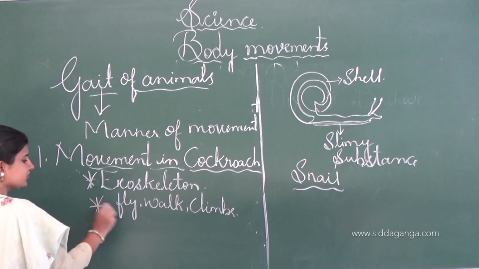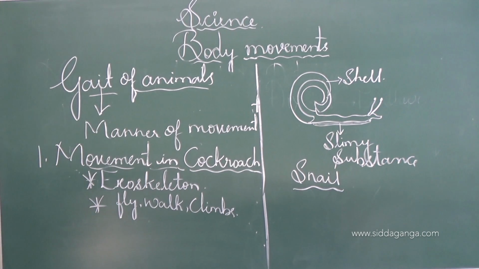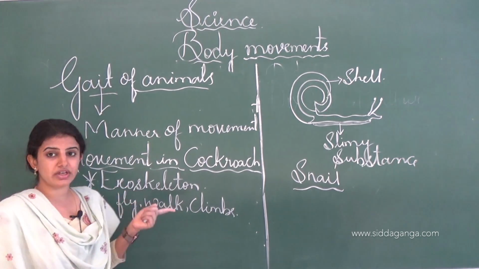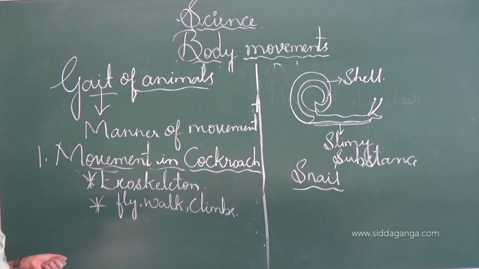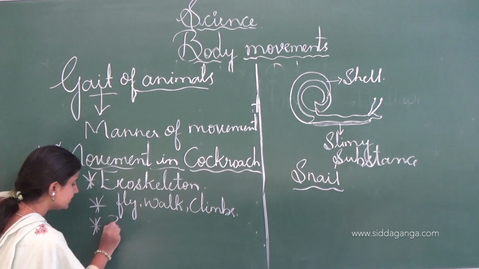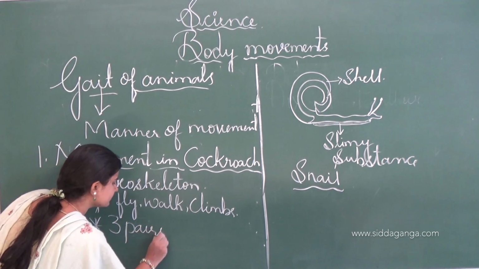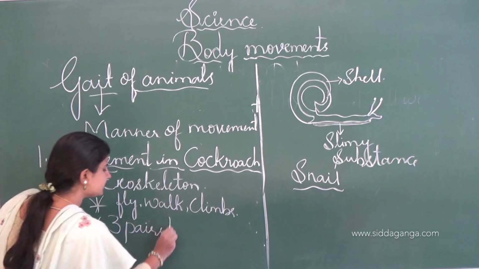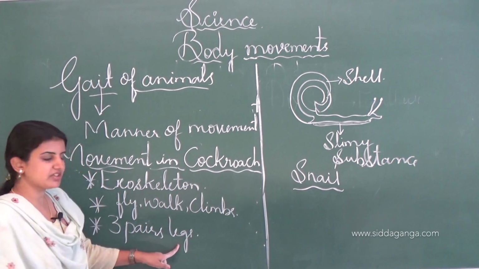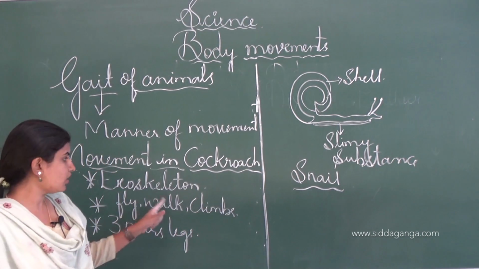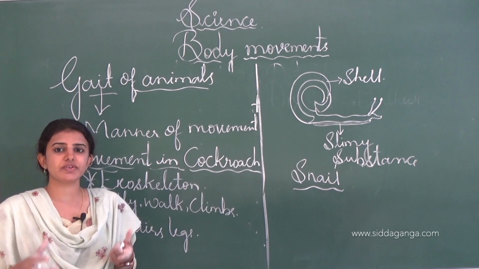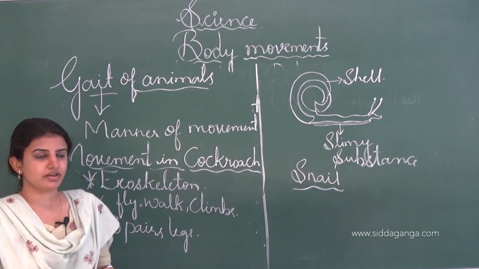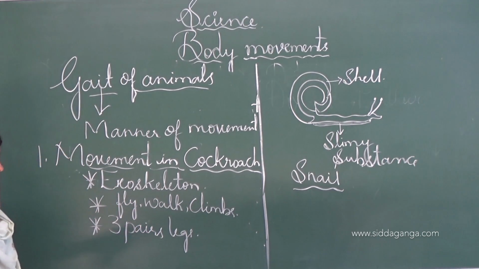The body is covered with a hard outer skeleton, nothing but the exoskeleton. Three pairs of legs are present, attached to the breast region, and when the cockroach flies, the breast moves the wings, and thereby the cockroach easily flies into the air. See, this is all about movement in the cockroach.